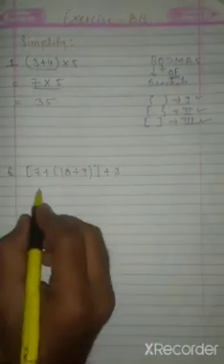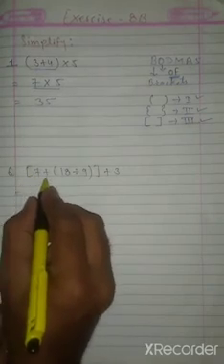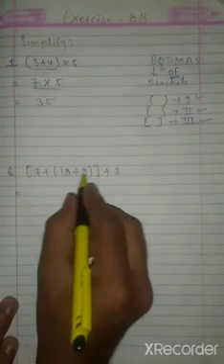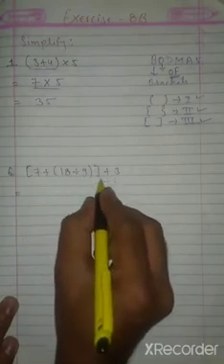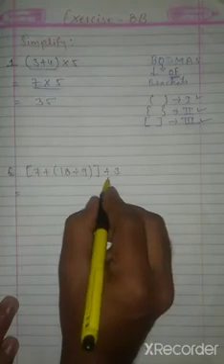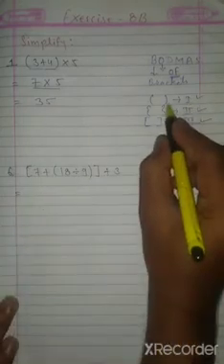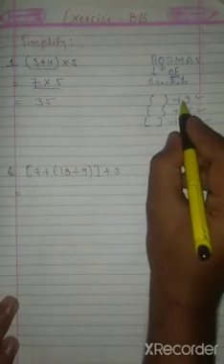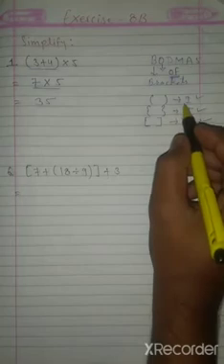Question number 6. In square bracket 7 plus, in round bracket 18 divided by 9, round bracket close, and square bracket close, plus 3. First we will solve the round bracket.